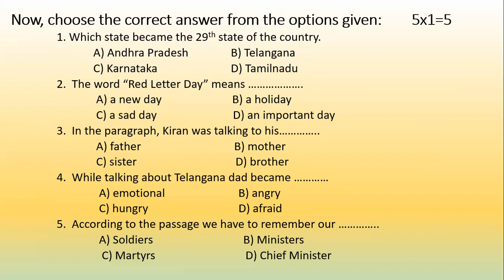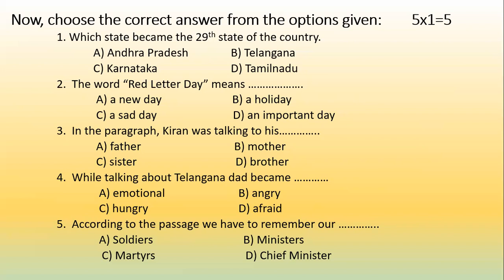Then the third one. In the paragraph, Kiran was talking to his: options: A, father, B, mother, C, sister, D, brother. So the option is father.